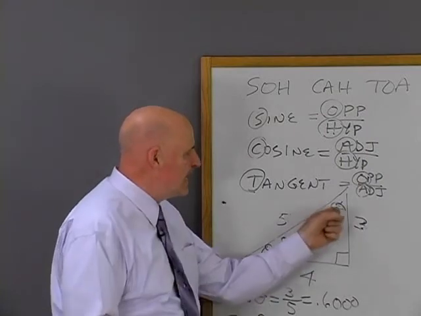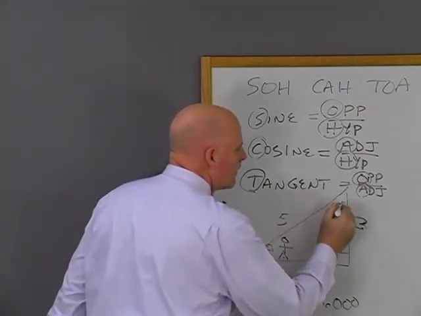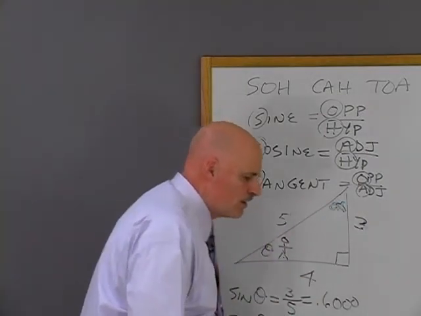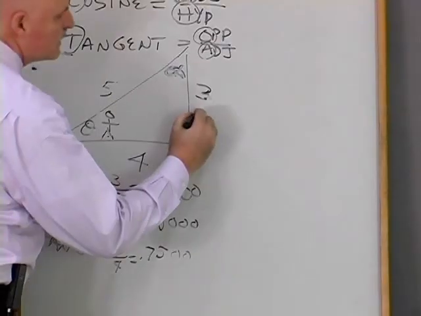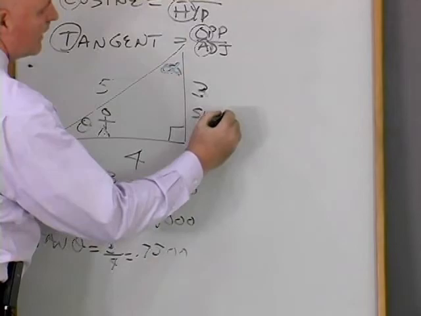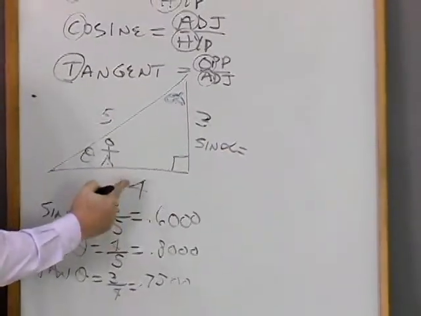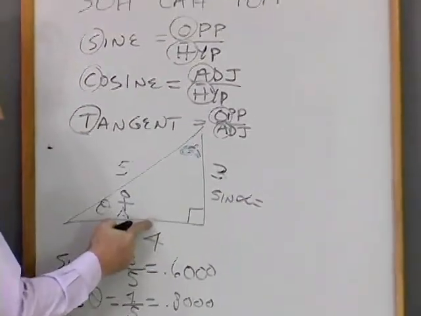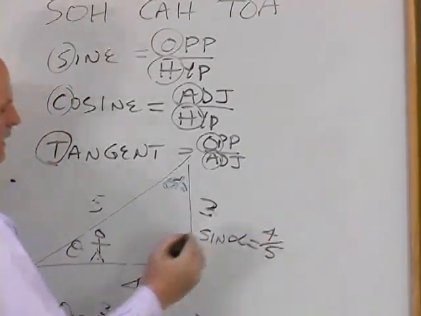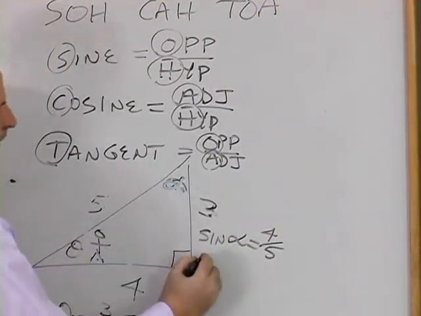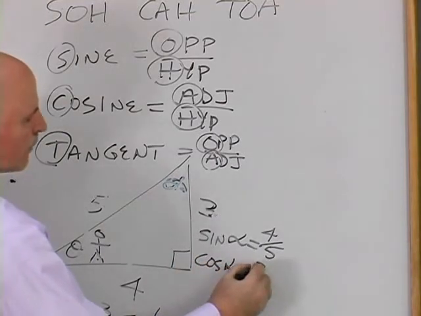Do you also see how these ratios would change if my position changed? If I was standing here at alpha, what's the sine of alpha? Opposite is now 4 over 5, 0.8. What would the cosine of alpha be? 3 over 5.